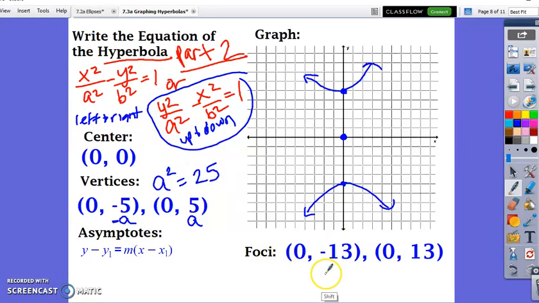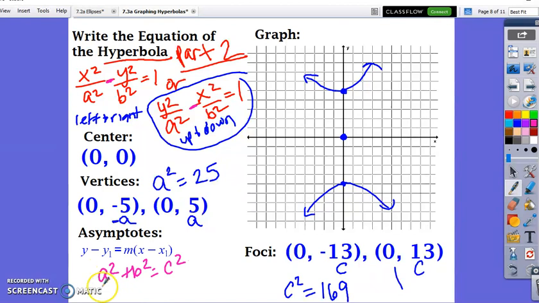Then my foci are always, remember, my c values. So c squared, if c is -13 or 13, c squared will be 169. I need this c squared value to help me solve for my b squared, because I know my a squared, now I need to find the b squared. So since the hyperbola is minus in the middle, the equation I need to use to find my foci is a squared plus b squared equals c squared.